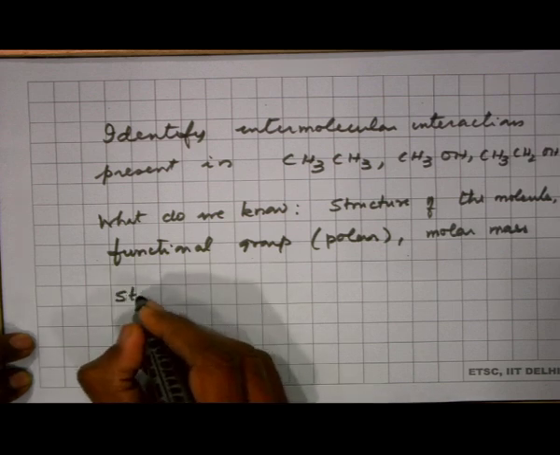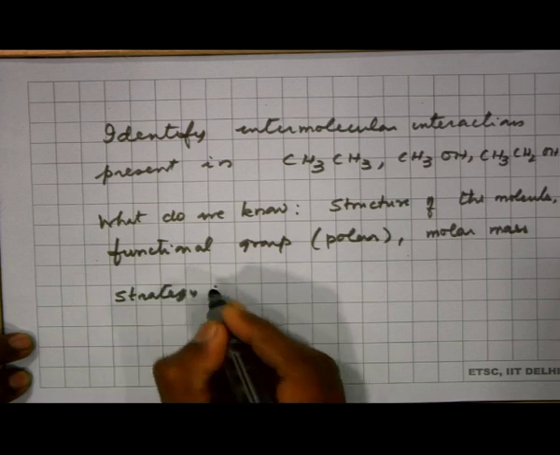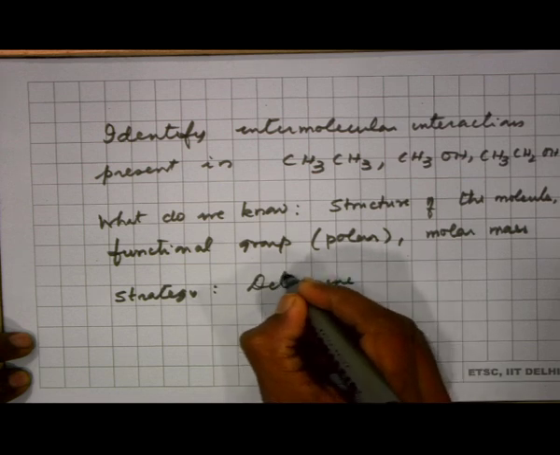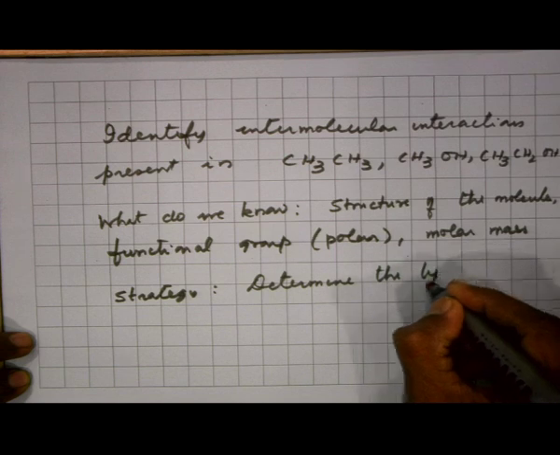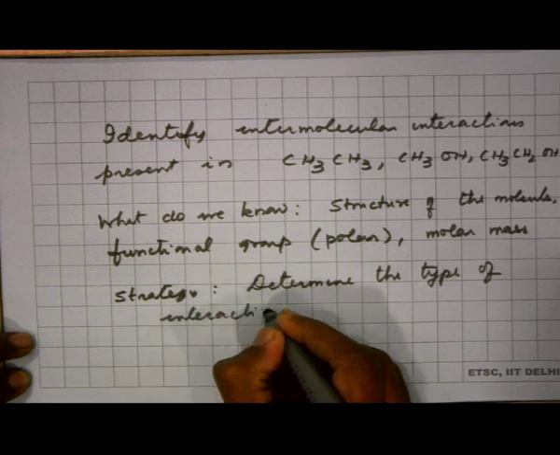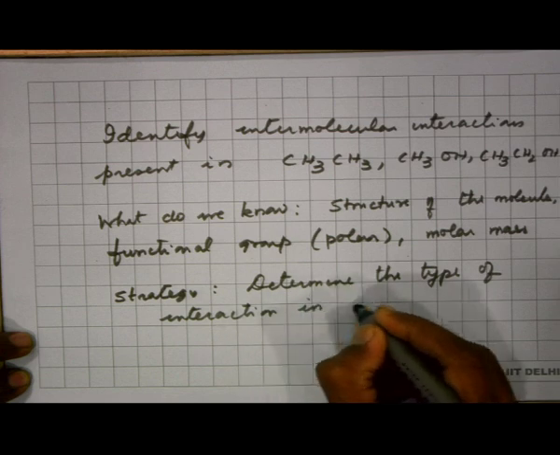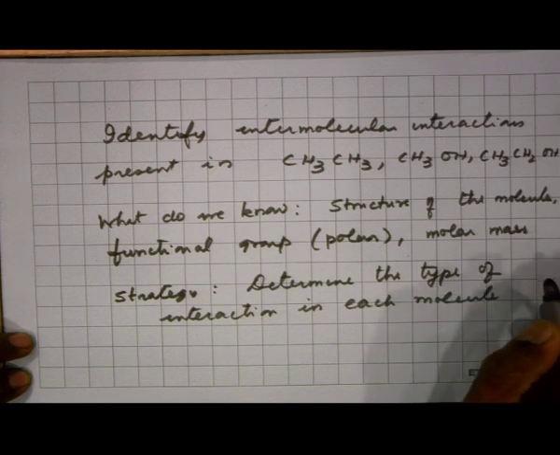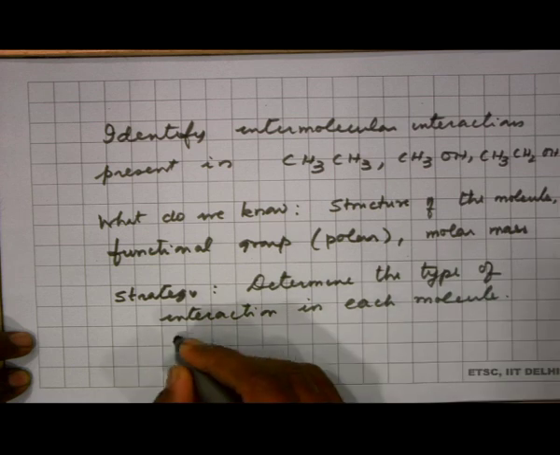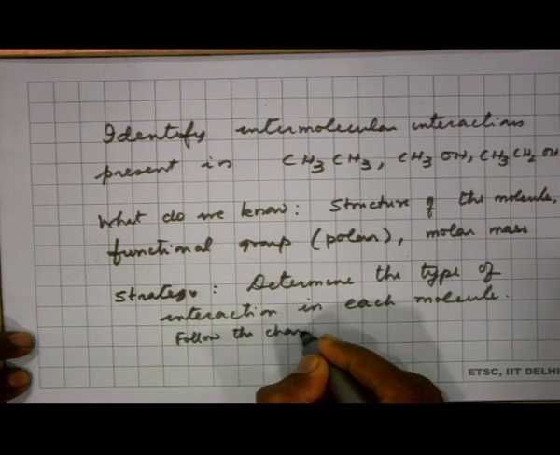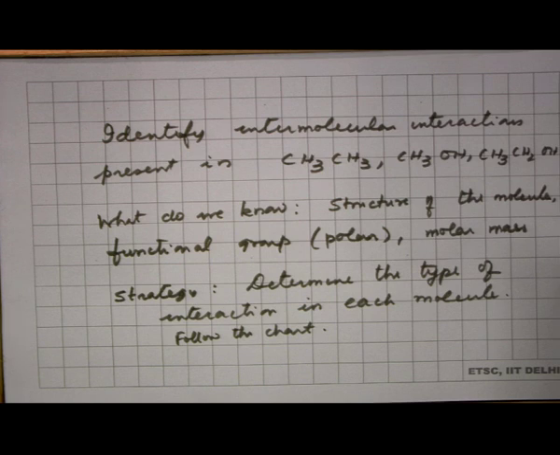And the strategy is: determine the type of interaction in each molecule, follow the flow chart, and you should be able to arrive at the intermolecular interactions that are present in each.